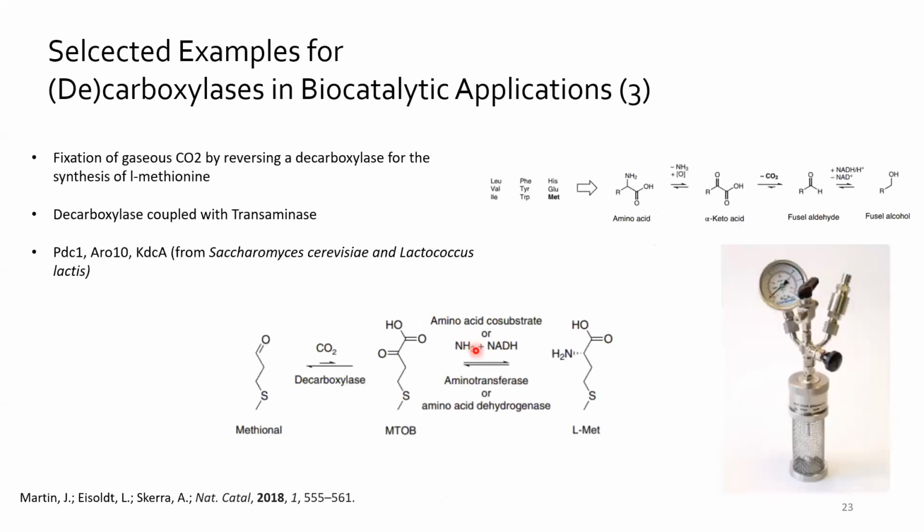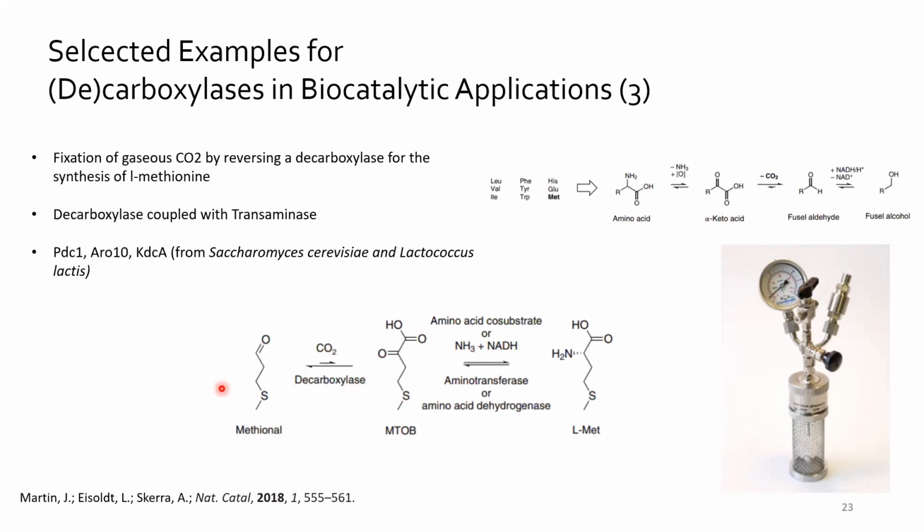And this already leads me to the last example I want to show you in biocatalytic applications. This was published just in 2018 in Nature Catalysis, and here they again show that a decarboxylase, which is usually decarboxylating in the primary metabolism, which I showed you before from the Ehrlich pathway, so it was the reaction from alpha-keto acid towards the aldehyde, can also be used to carboxylate in this case.